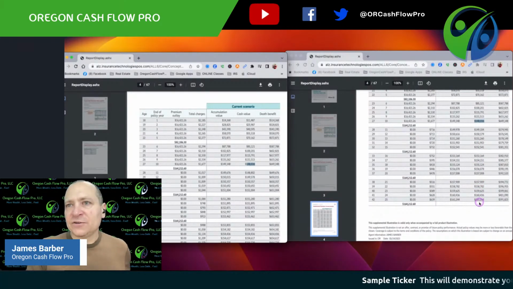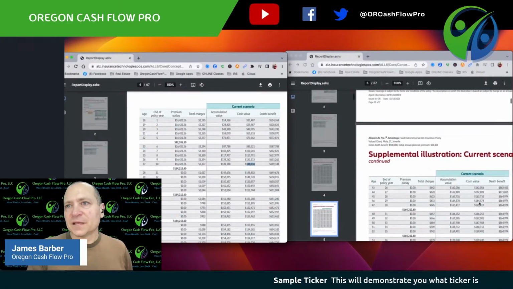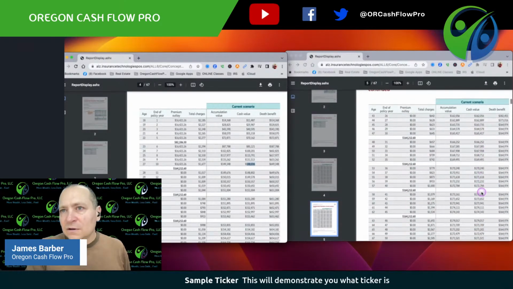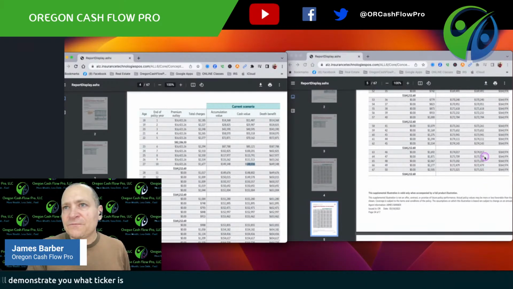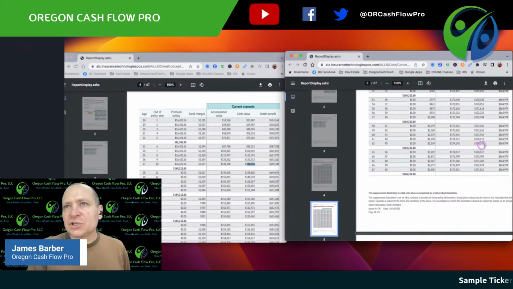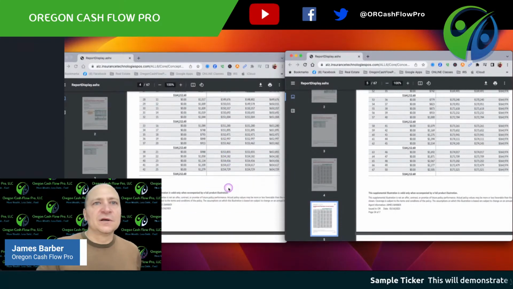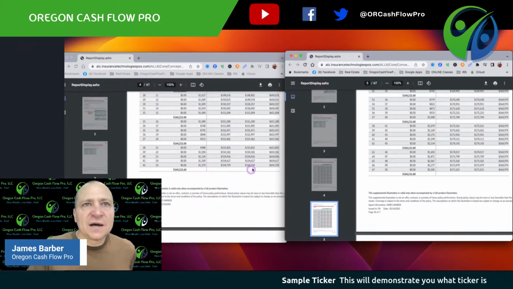Where does our cash value top out at in this one? In this scenario, boy, we've made it right here. Age 64. Nope. 62. We top out at 174,000. What was this one?